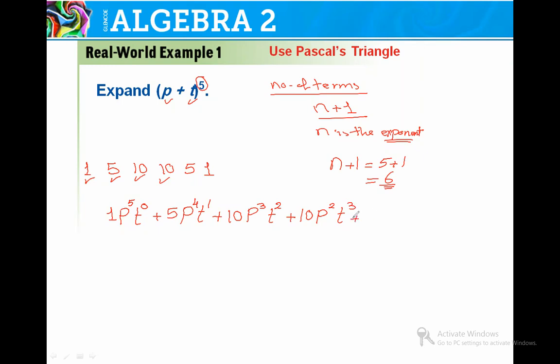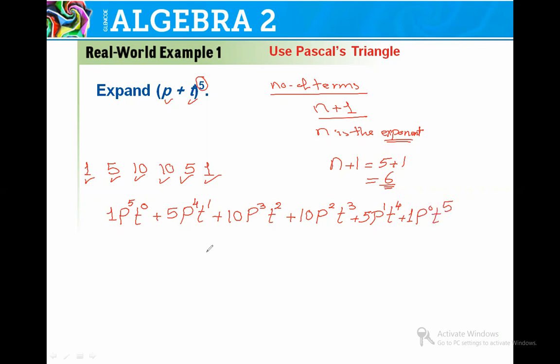Then after that it's a 5, so I write 5 as a coefficient, b to the power 1, t to the power 4. The last term, its coefficient will be 1, so I write 1, and then b to the power 0, t to the power 5.